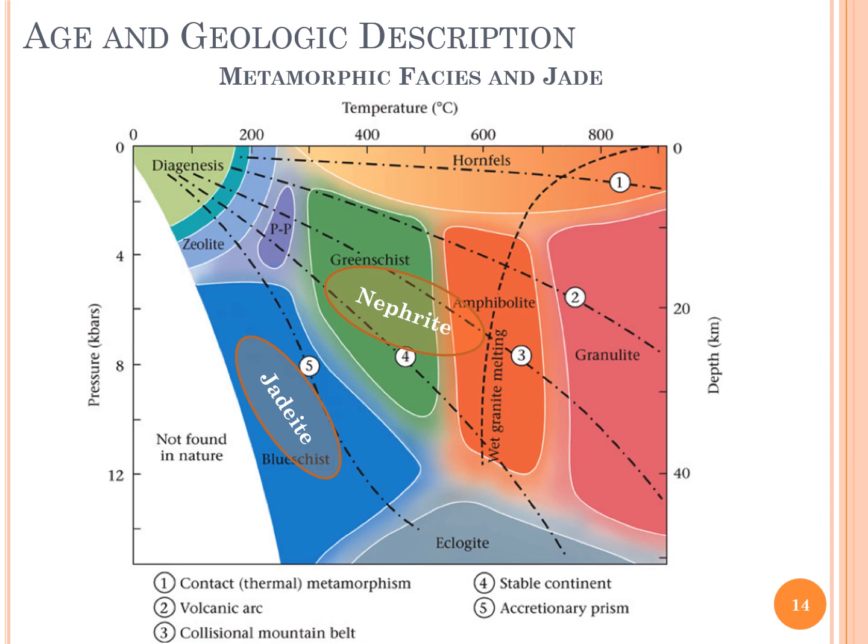So for example, here on this chart, we have the location of nephrite's formation, midway in the temperature change, about 400 to 500 degrees Celsius, and about midway in the pressure change, about 7 to 8 kilobars of pressure.